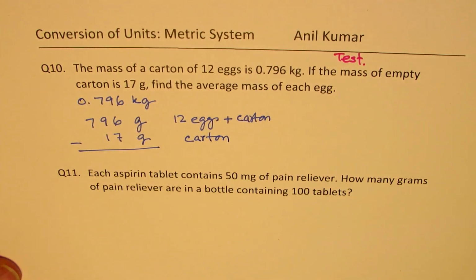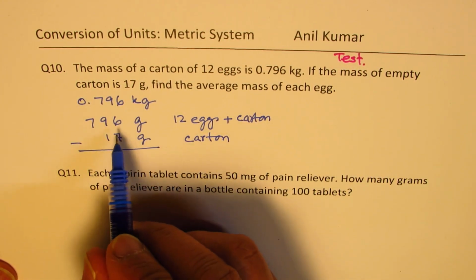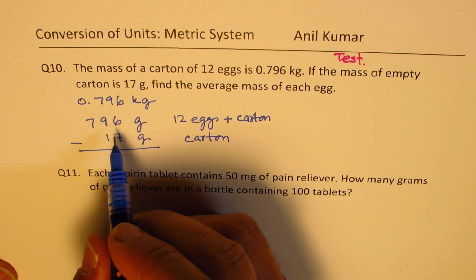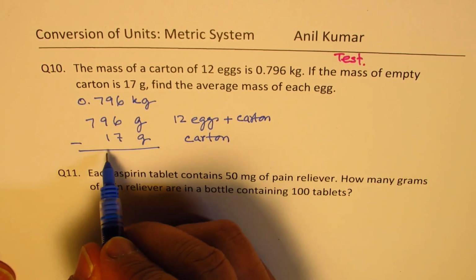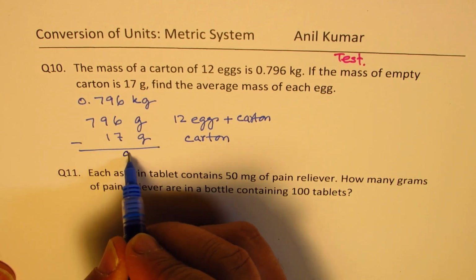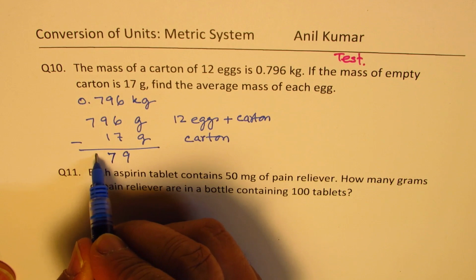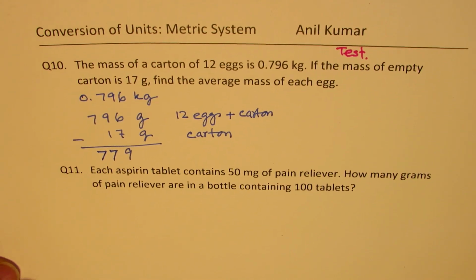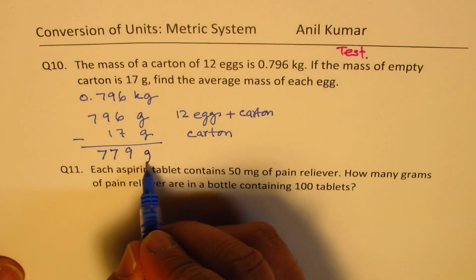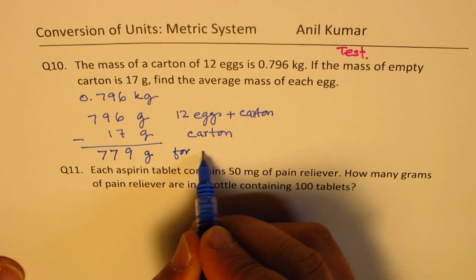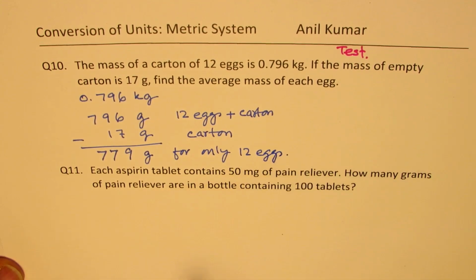So when you take away 17, you get what? Well, we might use a calculator for this calculation, right? So when you take away 17, you get here 9. You borrow 8, take away 1 is 7. And here is 779, right? So you get so many grams for only 12 eggs, right? So this is without the carton.